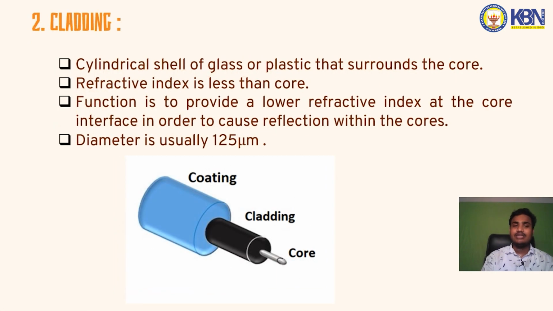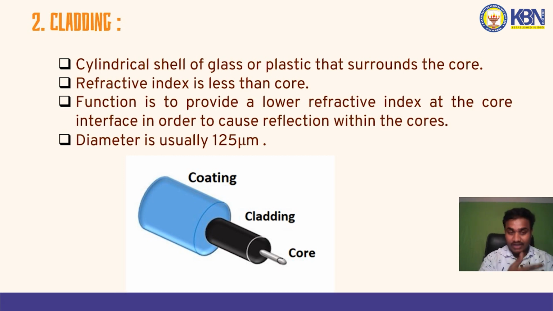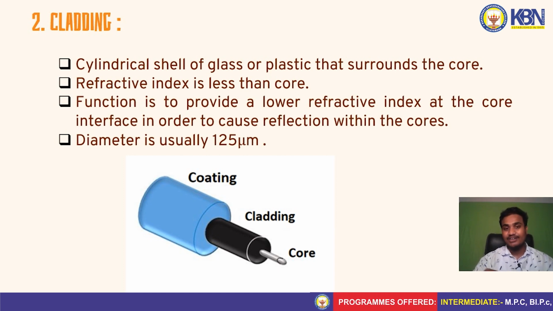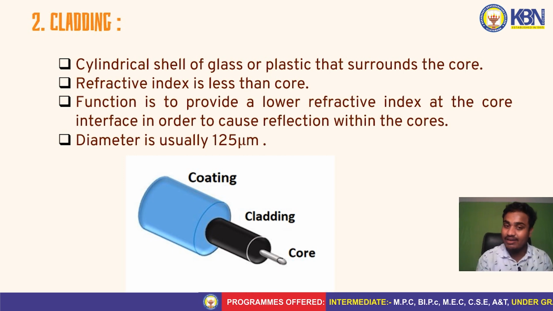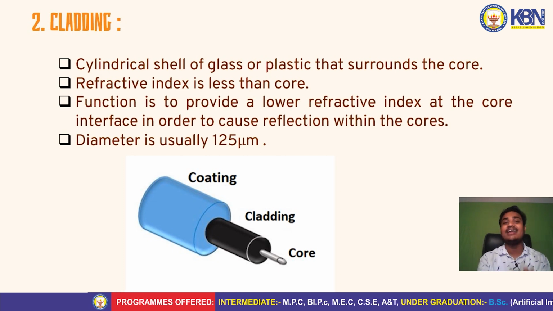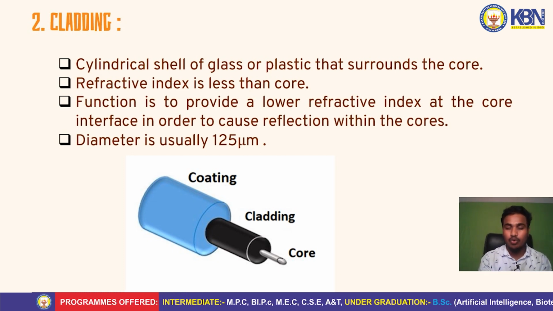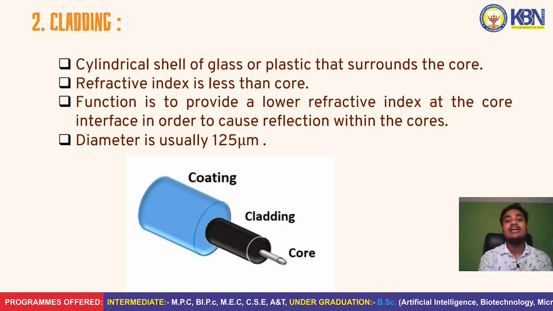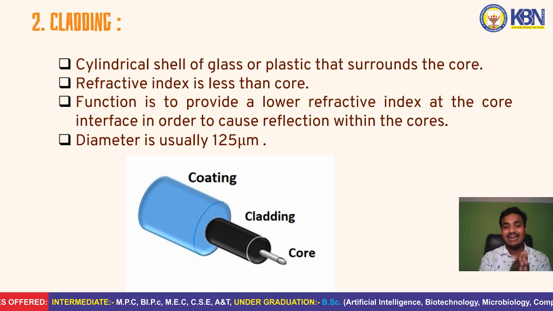Now coming to the cladding, the layer present above the core, the cylindrical shell of glass or plastic that surrounds the core is called the cladding. Its refractive index should be less than that of the core. The function of the cladding is to provide a lower refractive index at the core-cladding interface in order to make the light rays reflect.